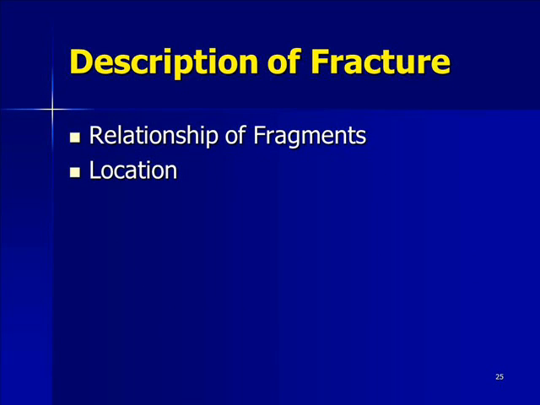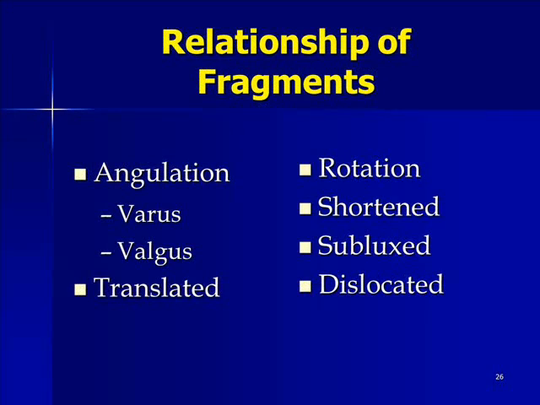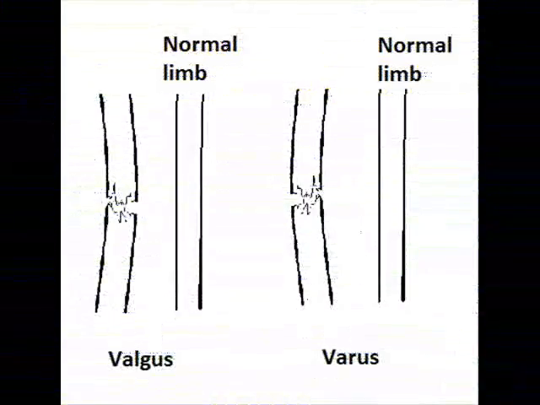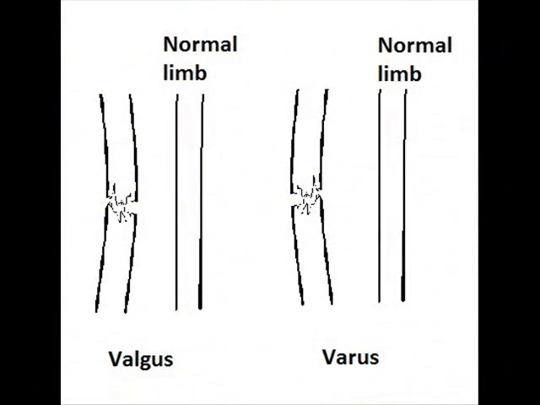Fractures are usually described by describing the relationship of the fragments and the location, that is the bone and the part of the bone that is injured. And we should use the terms angulation, which can be either varus or valgus, as this diagram shows.